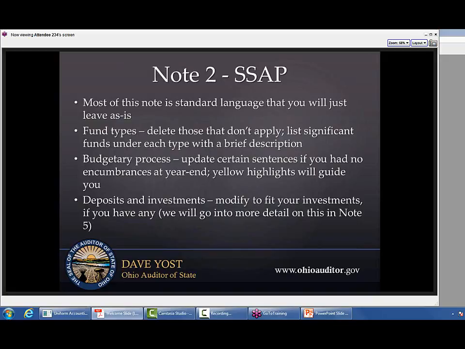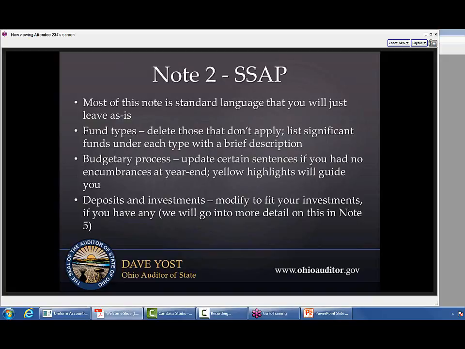Some of the things that we have as far as standards that may change in the standard wording for each entity: fund types. So, for example, if you're a township and you have special revenue funds, and a few of those special revenue funds are significant or major funds, you may have a road and bridge fund and a gas tax fund that's major. Okay, and you're going to want to describe what those two major funds are for your entity.